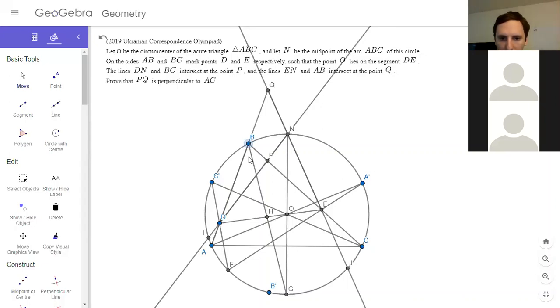C prime, H, and J are collinear. Yeah, with Pascal's, there's like an infinite number of things. So yeah, C prime, H, and J are collinear, and there's just so much structure.